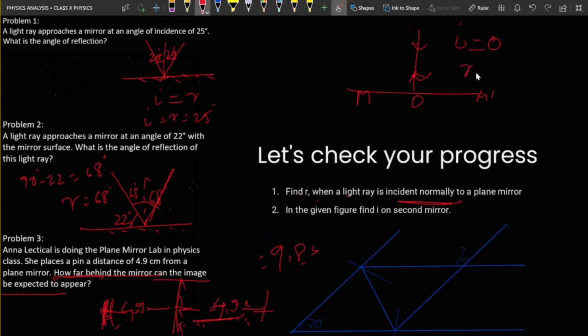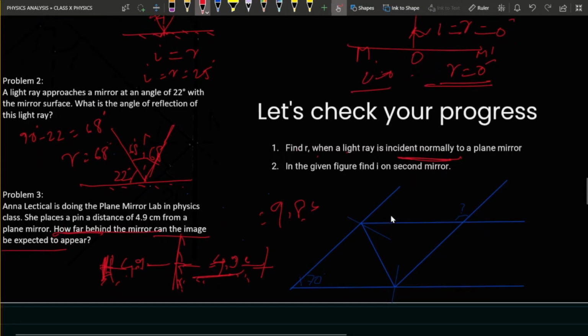According to the law of reflection of light, r is equal to i, and i is equal to 0 degrees, so r will also be 0 degrees. So if light is incident normally on a plane mirror, then r will be 0.